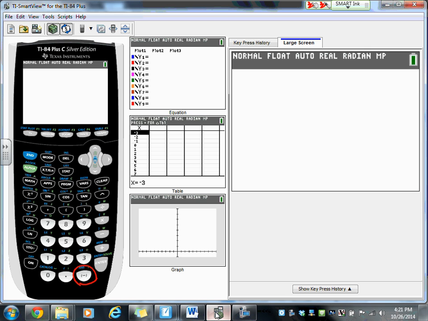So if we want to do negative 4 plus 7, okay, we would have to type that in, negative 4 plus 7. Okay, and when we hit the enter key, it shows us a positive 3.